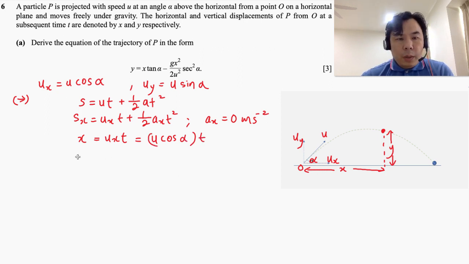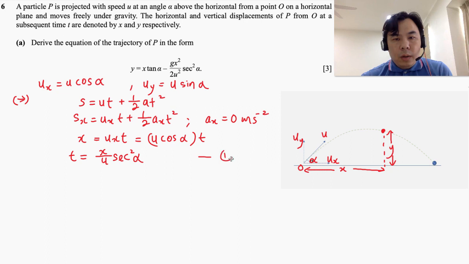From here we can make t the subject. That will be x over u, okay, maybe I'll change it a bit. We can label it x over u secant square alpha. All right, now we are done with the first equation here.